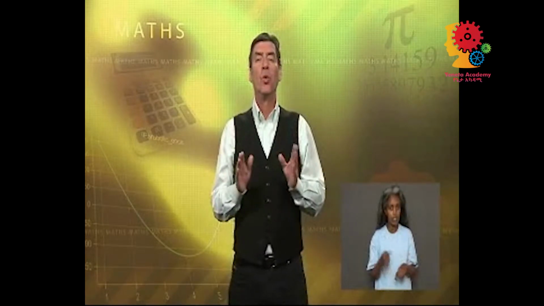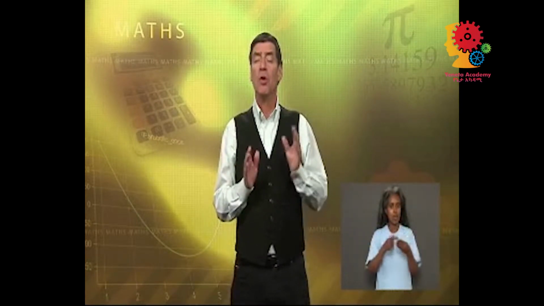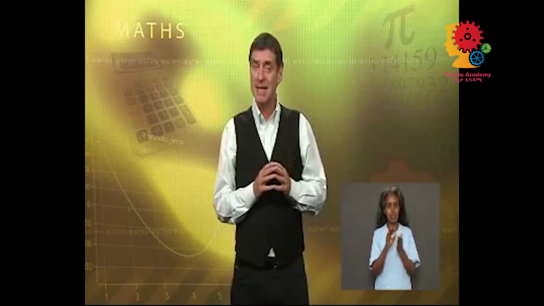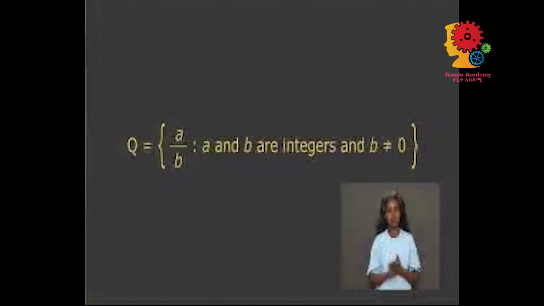Today, we will learn about the representation of rational numbers by decimals. Students, you should recall from our last lesson that rational numbers are numbers that can be written as simple fractions or ratios.